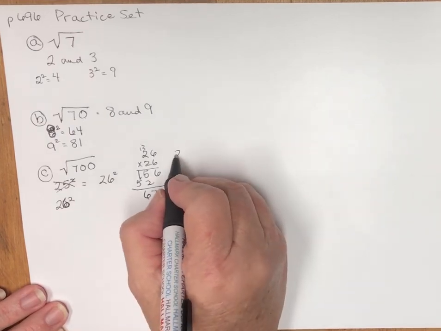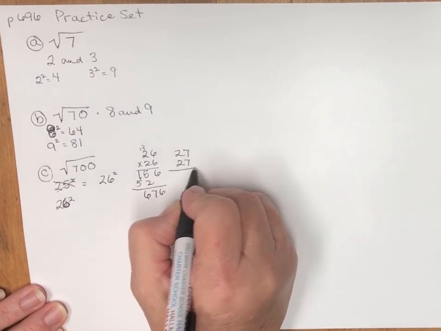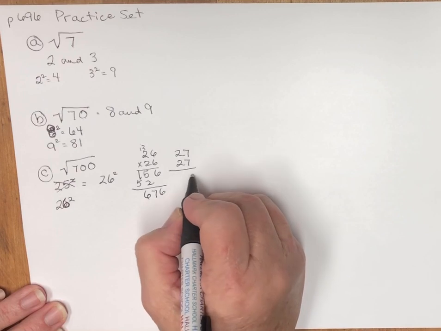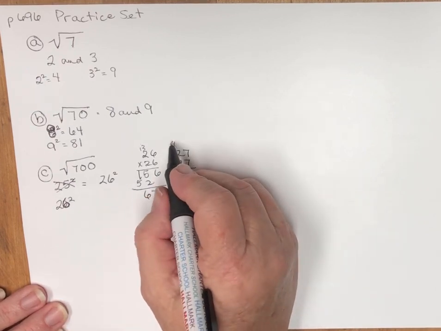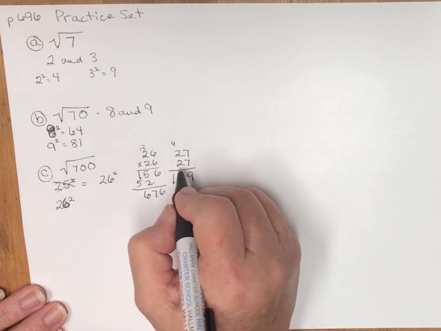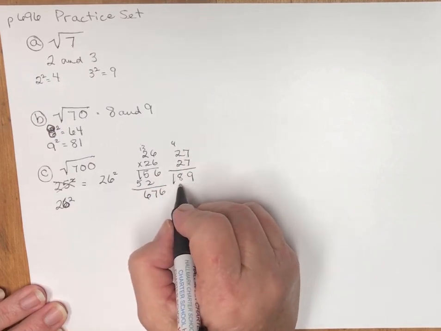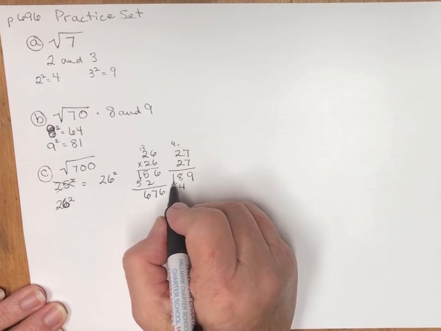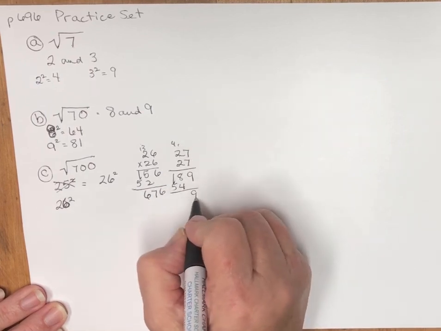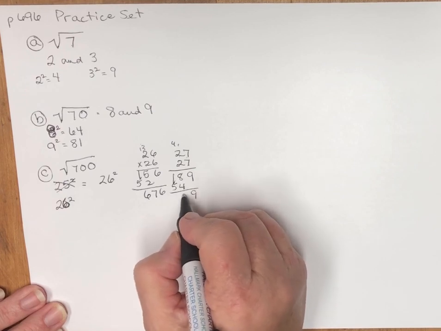So let's try 27 squared and see what number that's going to be. 7 times 7 is 49. 7 times 2 is 14, plus 4 is 18. 2 times 7 is 14. 2 times 2 is 4, plus 1 is 5. We have 9. 8 and 4 is 12.